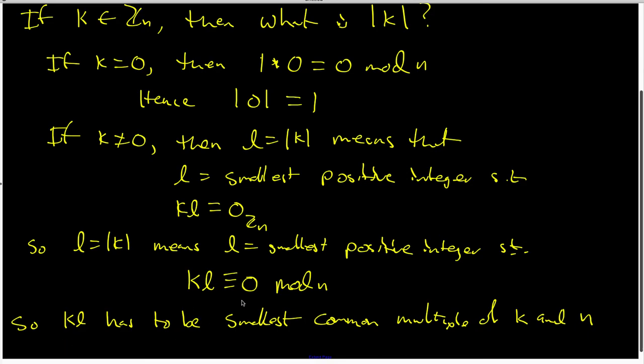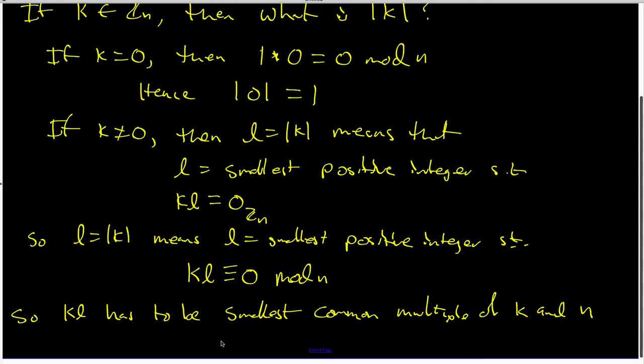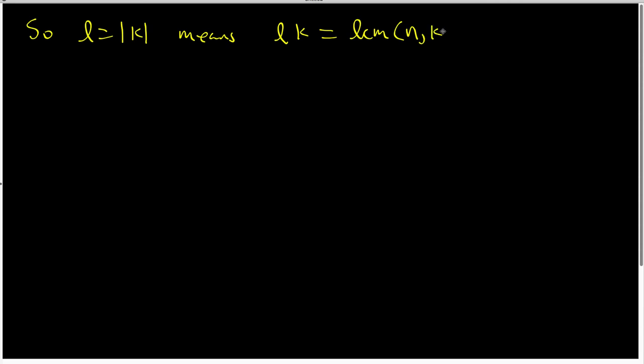But k times L also has to be a multiple of n in order for kL to be congruent to 0 mod n. Now, I know a lot about the smallest common multiple. What that says is that L is equal to the order of k means L times k is the least common multiple of n and k.